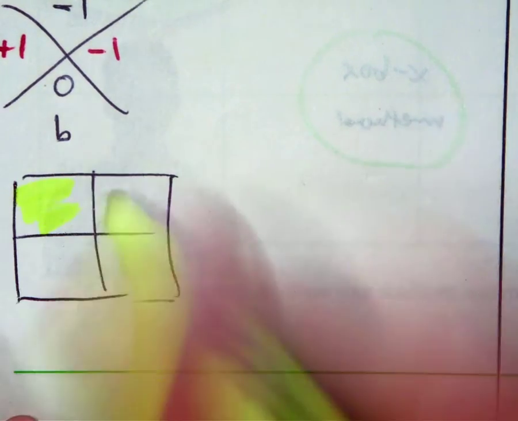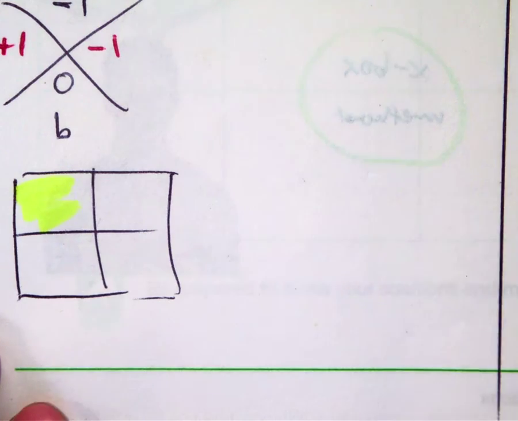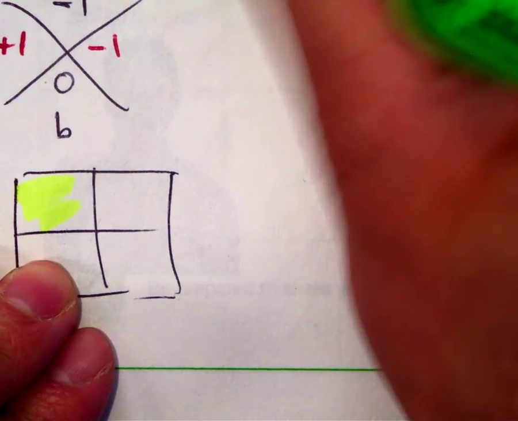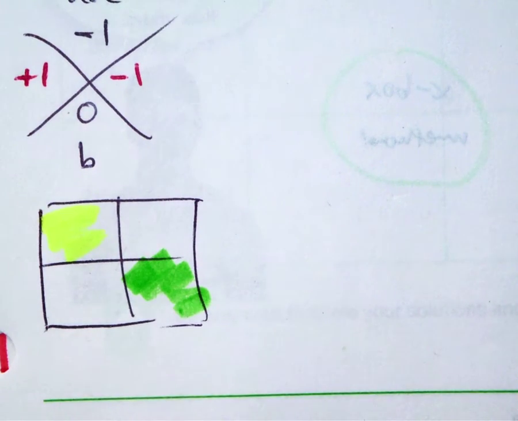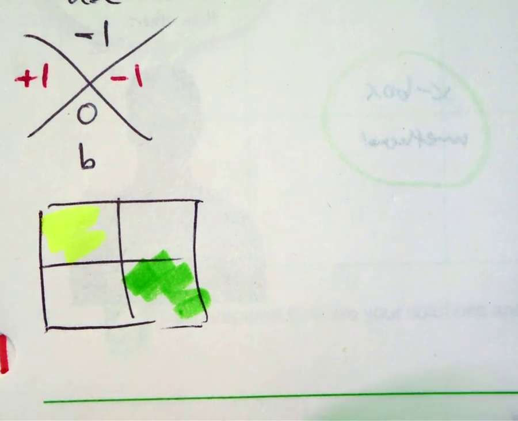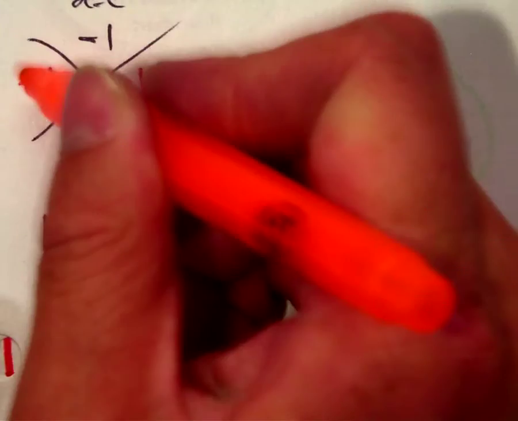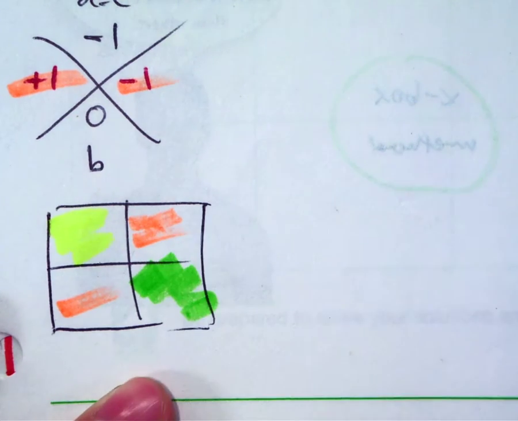That first term is always going to go on the top left. The C value is always going to go in the bottom right. And those two terms that we just found are always going to go bottom left, top right.